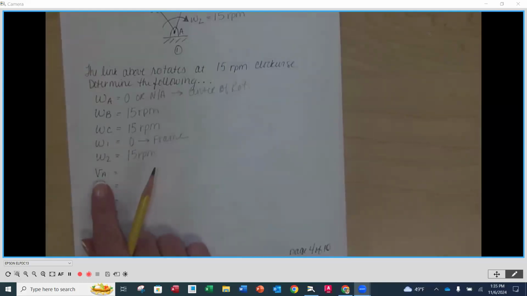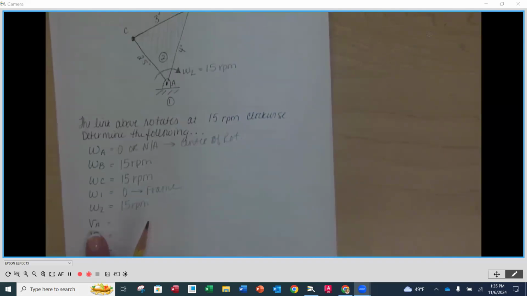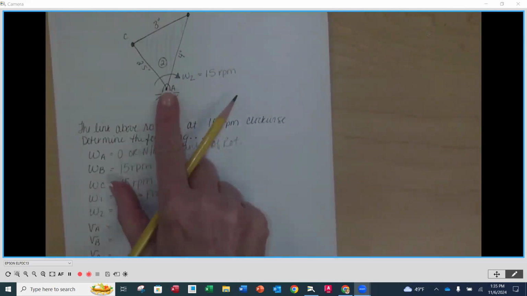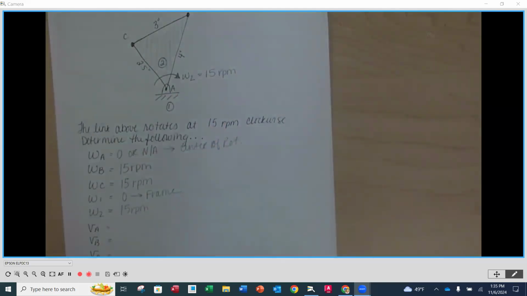Straight line velocity of point A. That's right here. What are we thinking? Straight line velocity of point A. It would be 0. That is correct. Why is it 0?